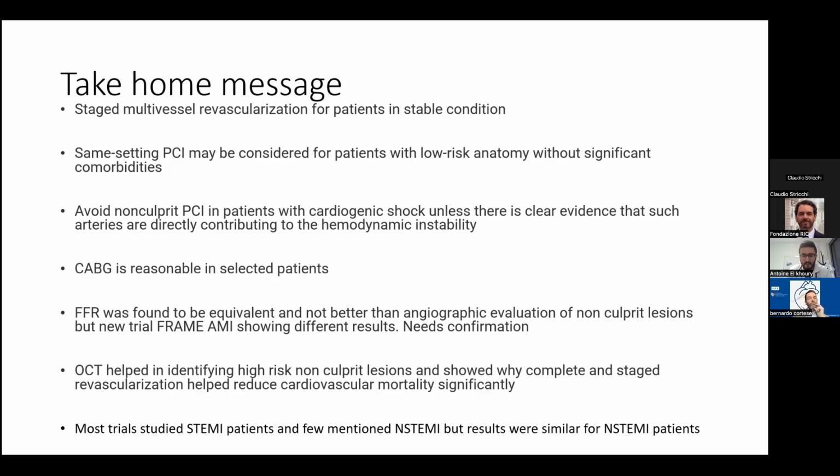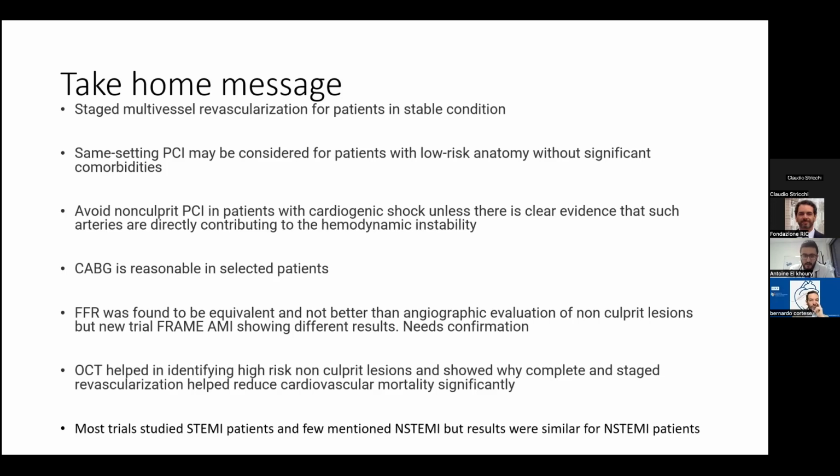It is class 1, level of recommendation A. And same-setting PCI should be avoided for all the vessels at the same time, except for a small percentage of low-risk patients without comorbidities and with low-risk vessels, as we said. We need to avoid complete revascularization initially in patients with cardiogenic shock and plan it for a later procedure for the remaining vessels. And if the patient has an indication for surgery, we need to do revascularization by surgery.